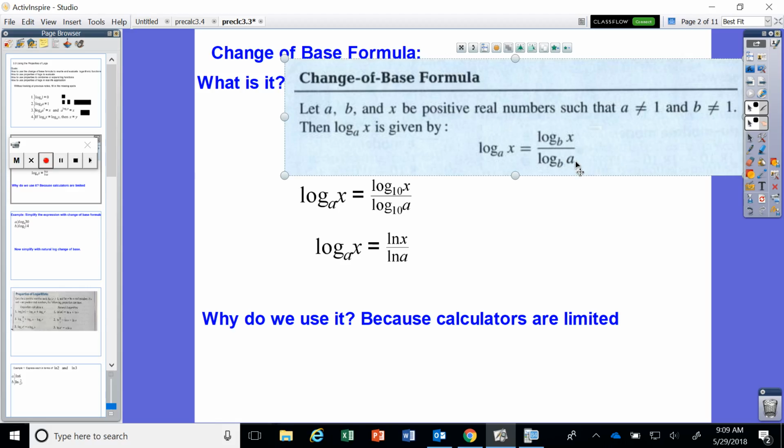Well, why do we do this? Because calculators are limited. Now, I get it. Back when I was learning how to do all this stuff, they were extremely limited. Now I know there are some emulators and some calculators that will do change of base automatically for you. Technology is changing, which is fantastic, don't get me wrong.